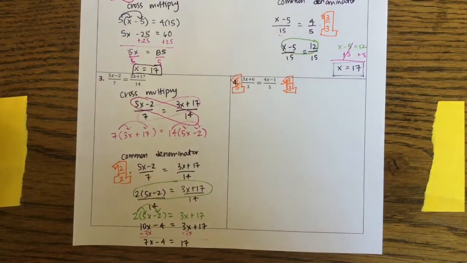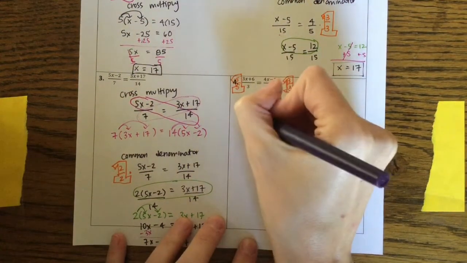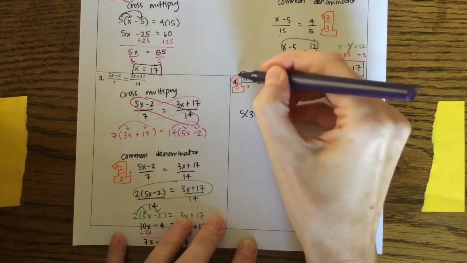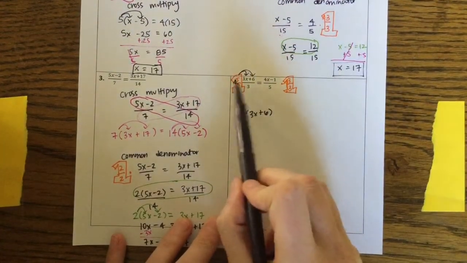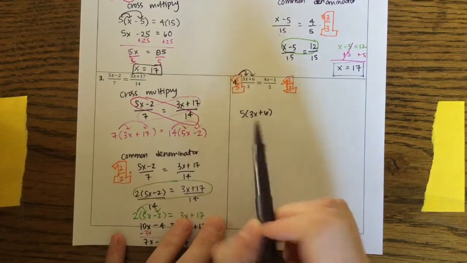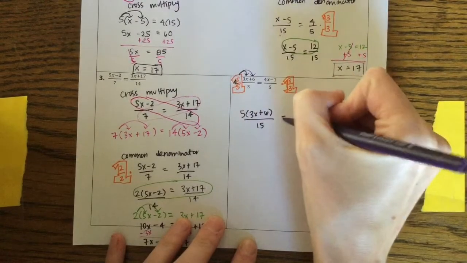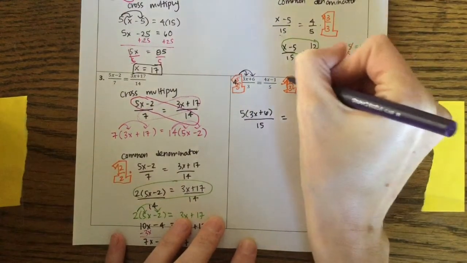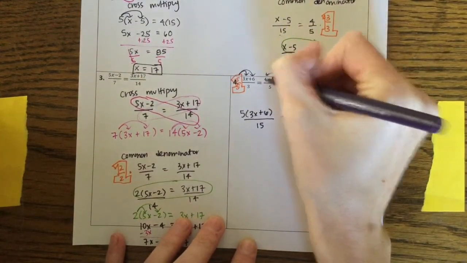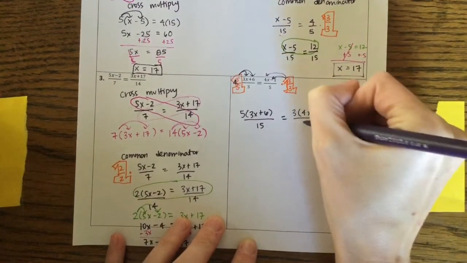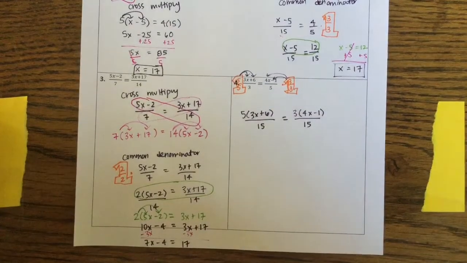So you could write this as 5 times 3x plus 6. You could go ahead and distribute those in this step if you wanted to. And then 5 times 3 would be 15. And then over here, we're going to have 3 times 4x minus 1, so 3 times 4x minus 1 over 15.